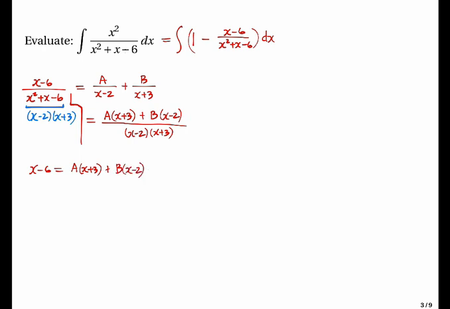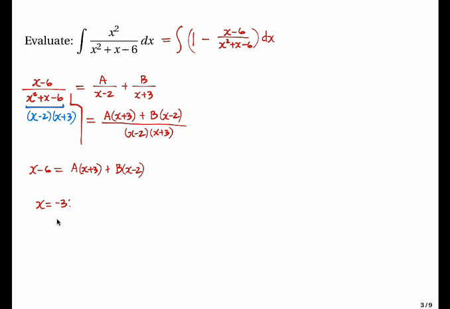And again, we substitute values for the variable x so we can solve for A and B. In this particular equation, we can substitute some number for x so that one of the terms on the right-hand side vanishes. So if we let x = -3, this term here will disappear, and we will be able to solve for B.